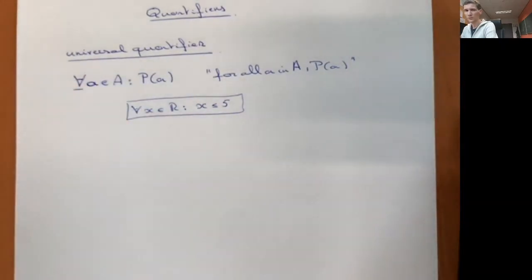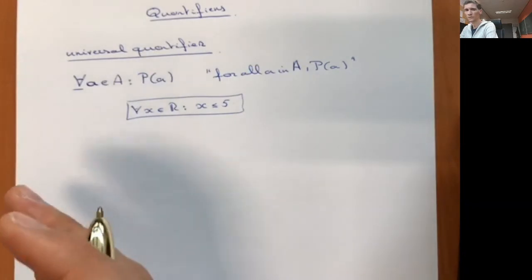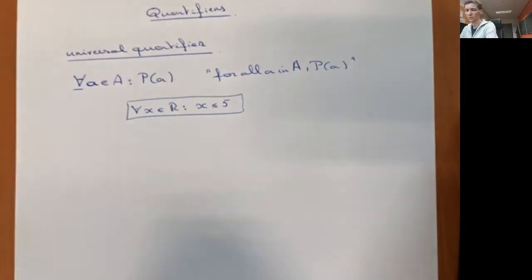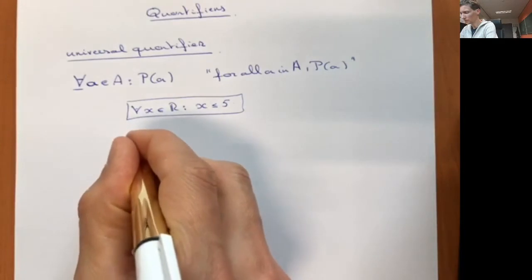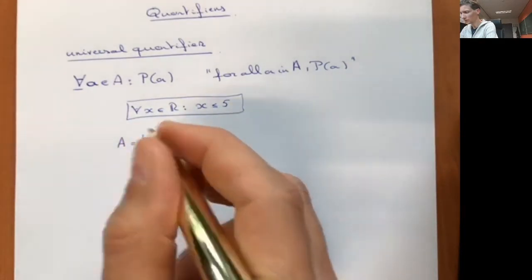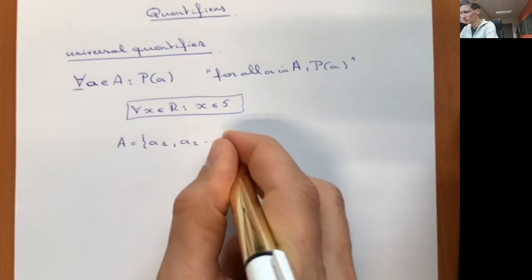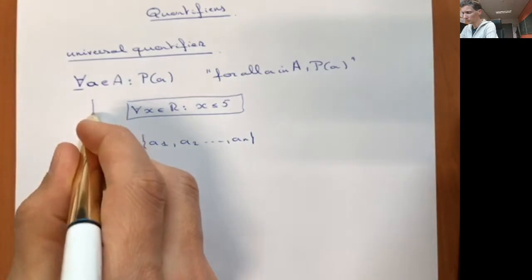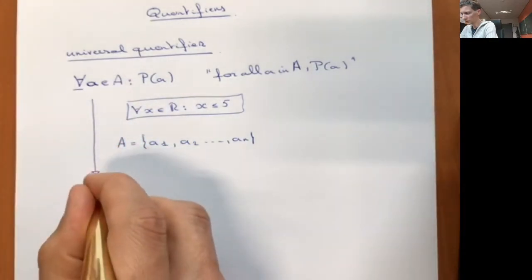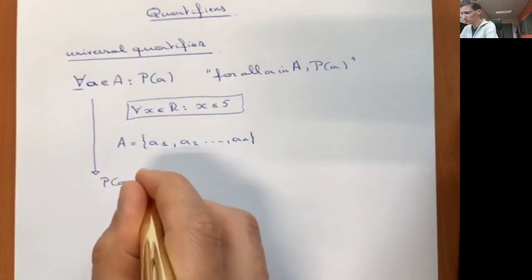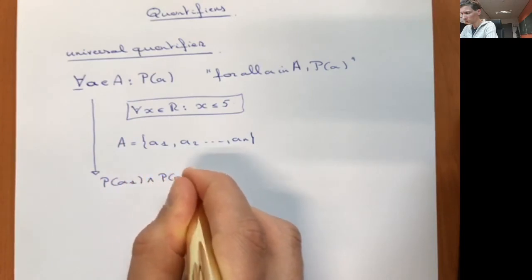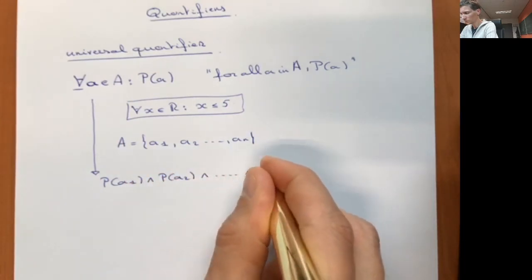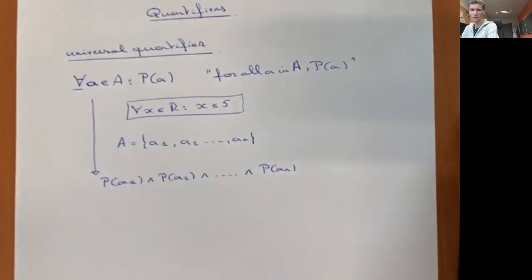What is the idea of the upside down A, or the universal quantifier? Intuitively, it's like a whole bunch of conjunctions. For example, if A is a finite set, so that assumes that A is a set consisting of a1, a2, until an, then this formula is similar to saying P(a1) and P(a2) until P(an).